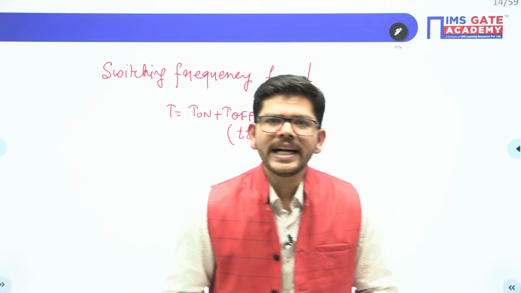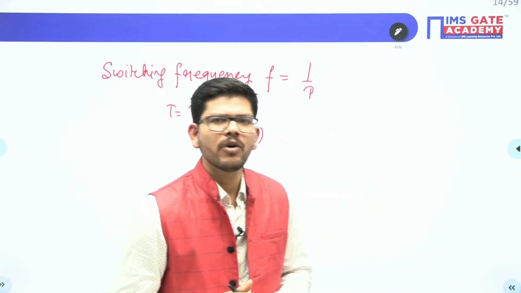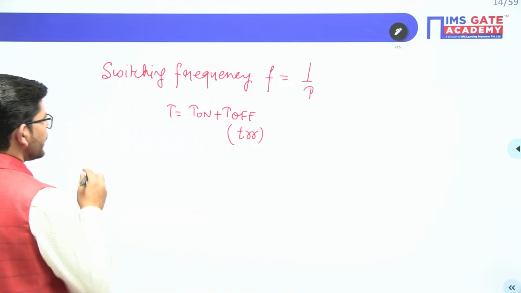Now there are two kinds of semiconductor devices. One is the minority carrier device and one is the majority carrier device.